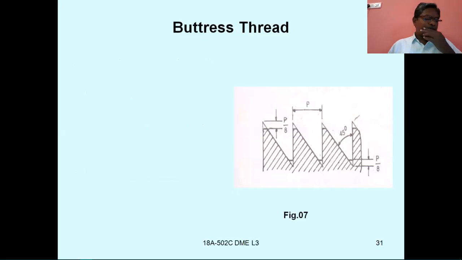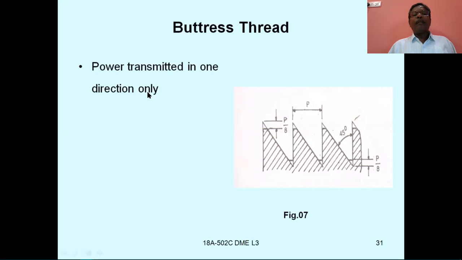And buttress thread. You can see in the buttress thread, power is transmitted in one direction only, and the thread angle is 45 degrees. The roots as well as the crests are flat.